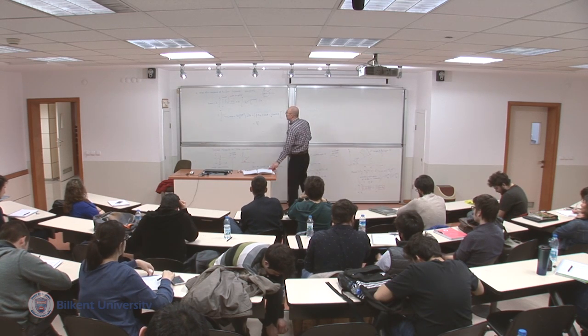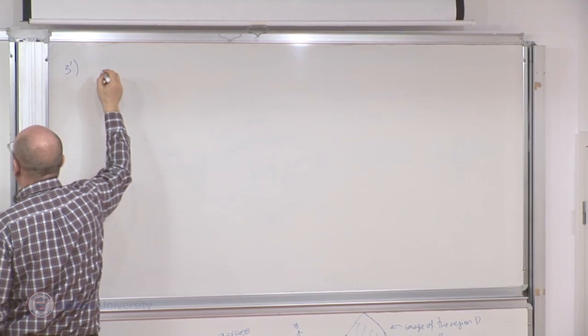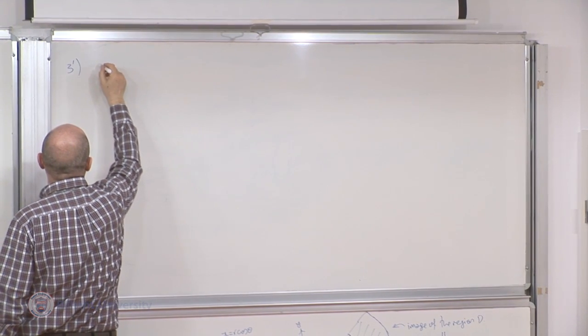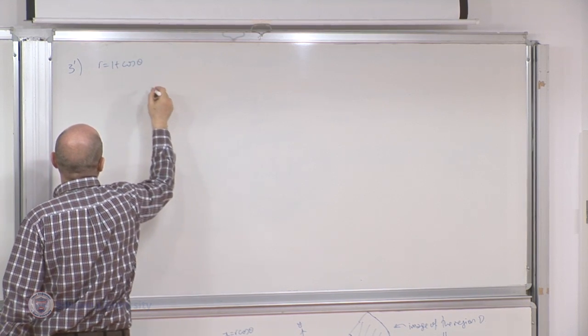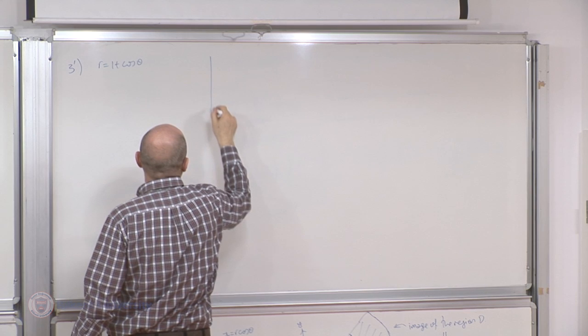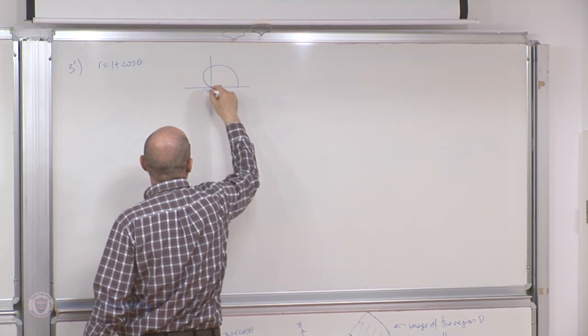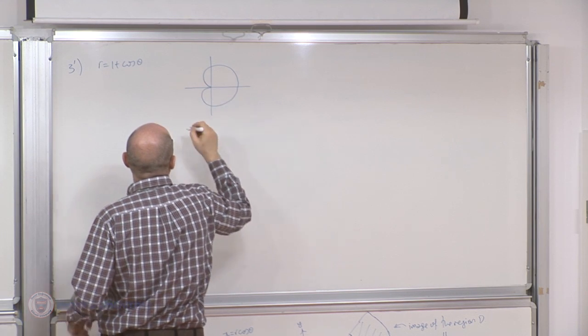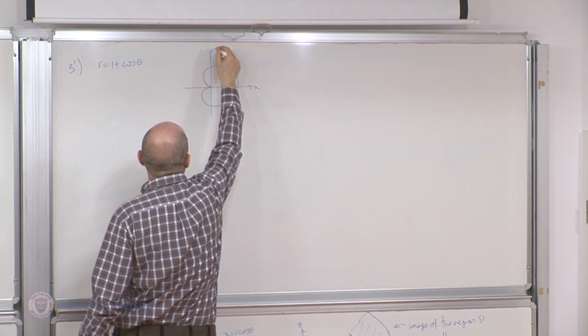Okay, so I'll call this problem 3 prime. So we have r equals 1 plus cosine theta. The picture is again something like this. X, y.